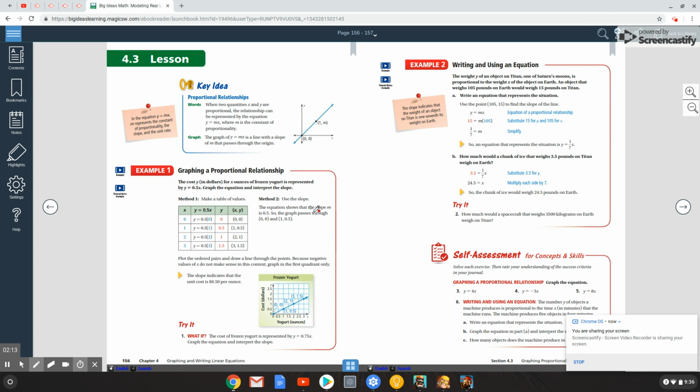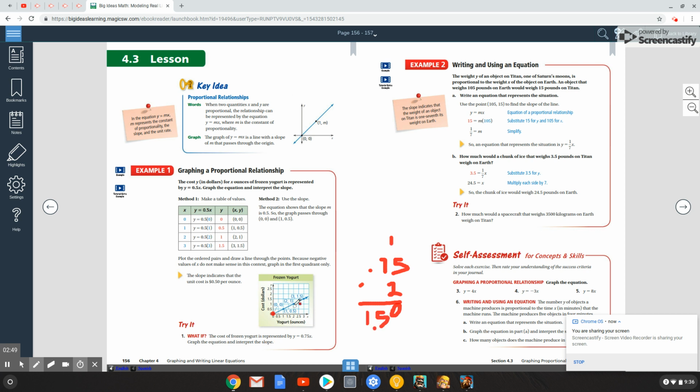All right, and hopefully you've solved the problem. If the cost of yogurt is represented by that, then it's simple. The first point will still be (0, 0), but this time the second point will be 0.75. We can't really represent that, so we have to get a number which will equal that amount. 0.75 times 2 is 1.5.